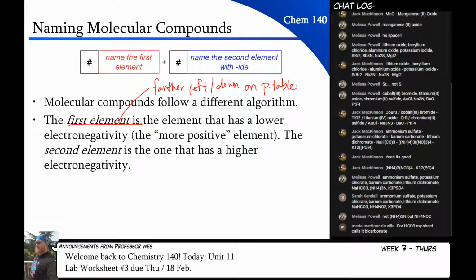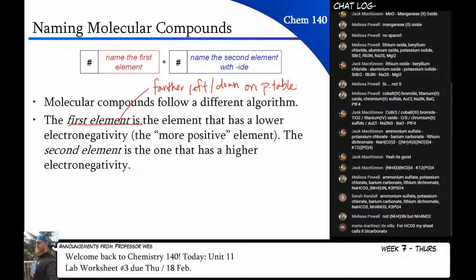We've drawn the metal, non-metal line on the periodic table. So elements that are closer to that metal, non-metal line are going to be the element listed first. Then, when you are going to name your compound, you just name the first element as it's written on the table. You're going to name the second element as if it was an anion. You name it with ide, just like we did before.